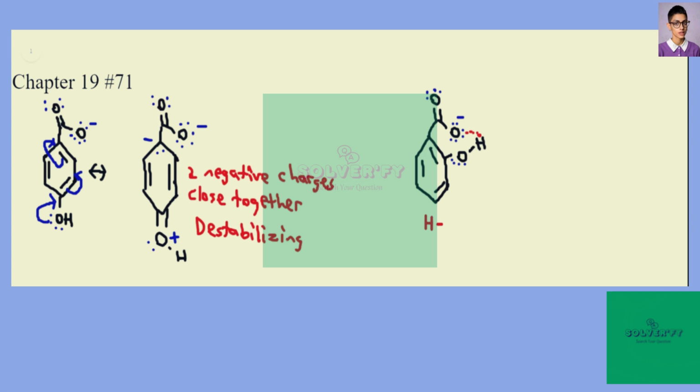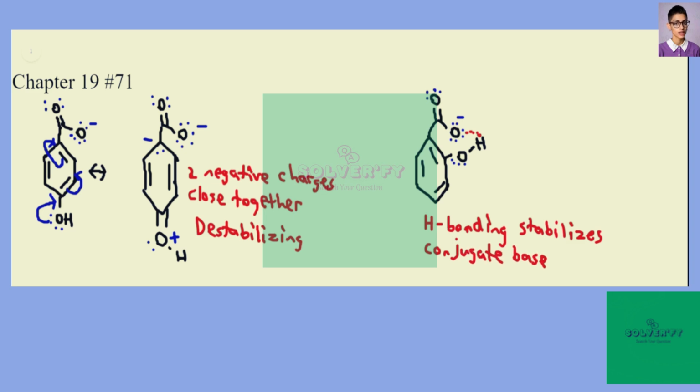And so we have some H bonding going on here. And this serves to actually stabilize. So the H bonding stabilizes the conjugate base here. Oops, it's not how you spell conjugate. So H bonding stabilizes conjugate base.